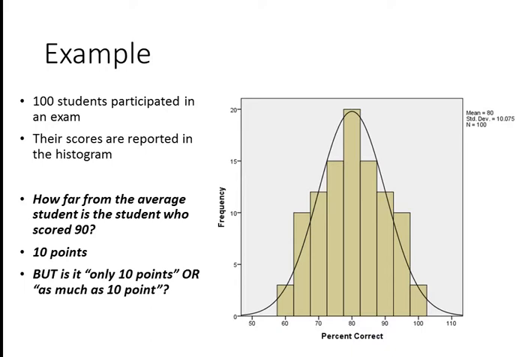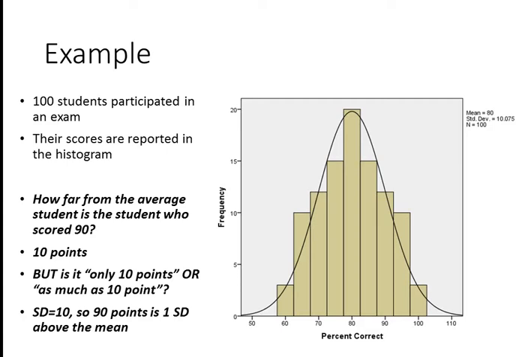To answer this last question, we should weight this 10 points somehow, and we will weight it in terms of standard deviation. So you see on your screen that the standard deviation for this data is slightly above 10. So we basically can say that a 90 points grade is one standard deviation above the mean.